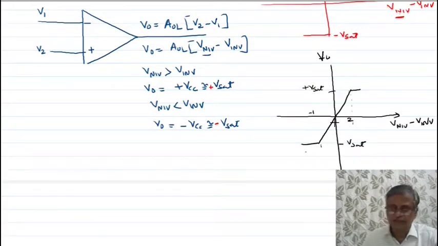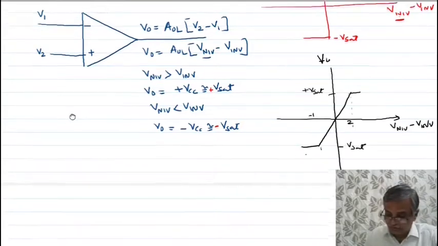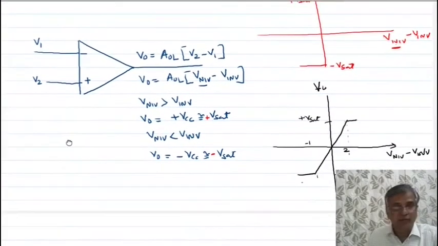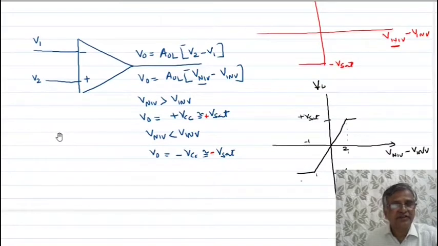Approximately 2 millivolt will be taken. That depends upon the input offset voltage. So in this there is some problem in comparator. It does not have noise immunity.